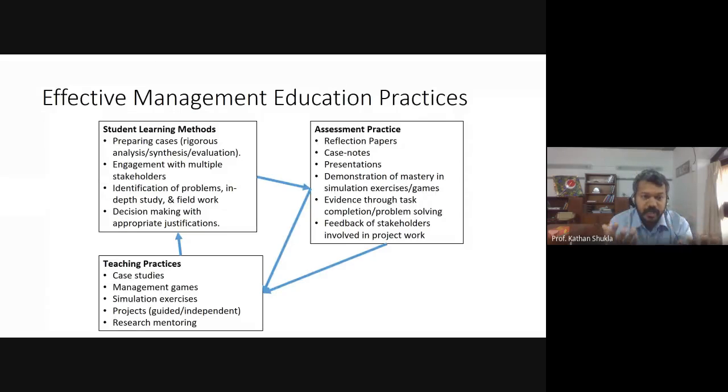So role of a faculty member is very different now. It is a kind of facilitator, lead facilitator, lead moderator, where my role is to generate a lot of rich, high quality debates in the class and generate a lot of discussions. And then of course, many other things. So now you understand, okay, in this context, your teaching practices need to be changed because your ultimate goal is to prepare students for this sort of position, this sort of role.